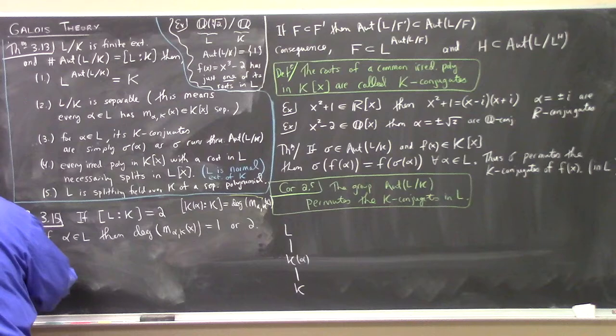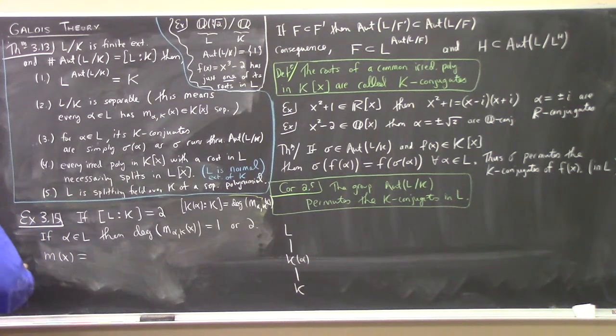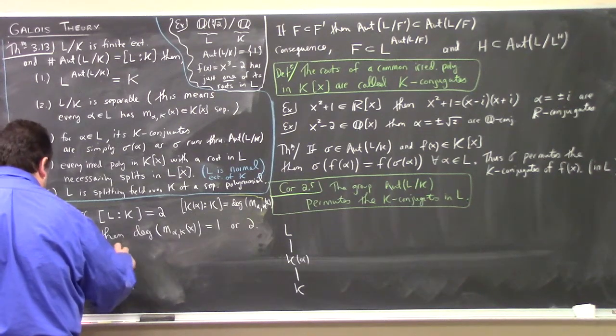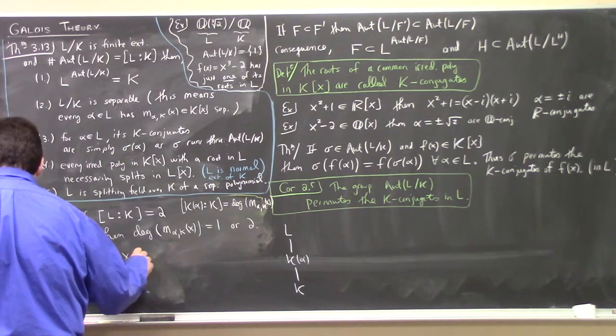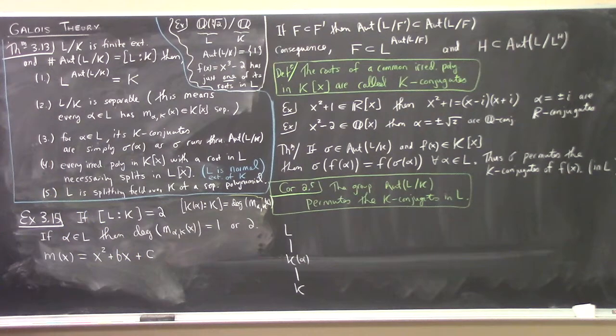So you've got m(x) equal to x squared plus bx plus c, and we're assuming that it has a root, because we're looking at an irreducible polynomial in K[x] with a root in L. So let's call the root r.